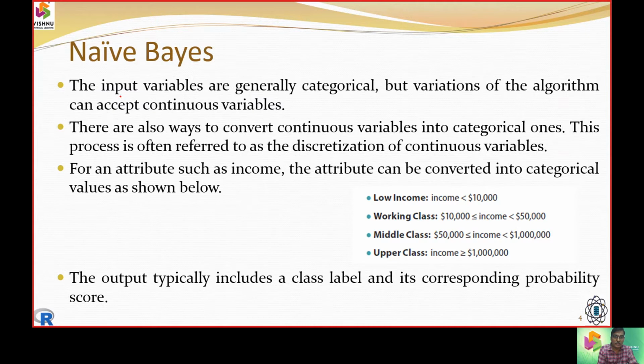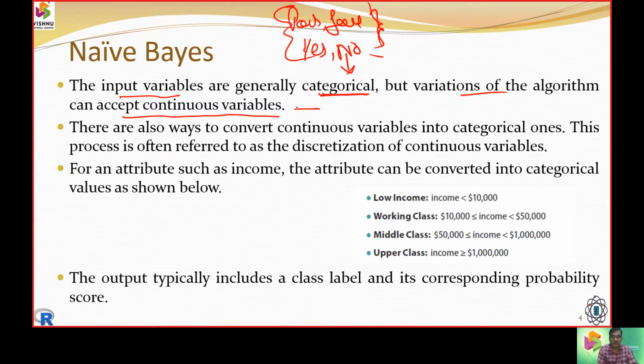Naive Bayes has some input variables. In general, they are called categorical, that is yes, no, pass, fail. These are examples of categorical variables. But there are variations of the algorithm which accept continuous variables.